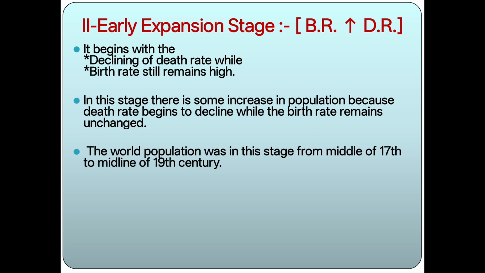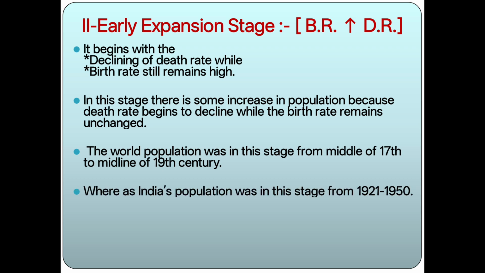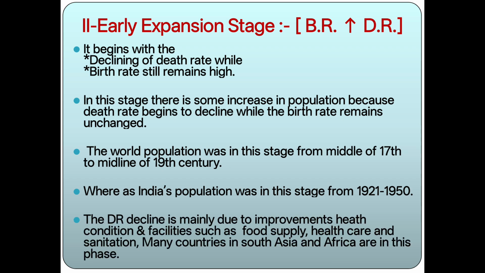The world population was in this stage from the middle of the 17th to the middle of the 19th century, whereas India's population was in this stage from 1921 to 1950. DR declines. Why? It is mainly due to improvements in health conditions and facilities such as food supply, healthcare and sanitation.